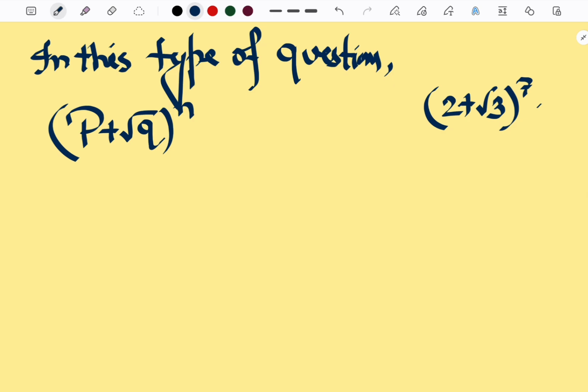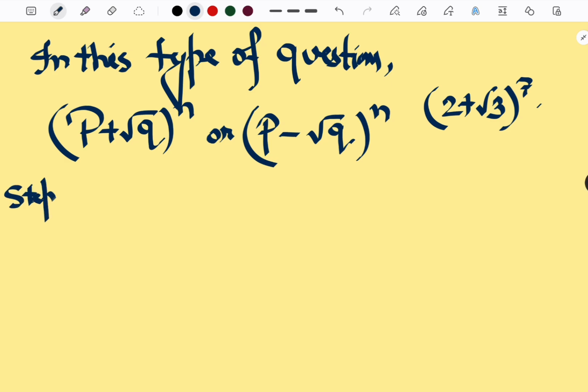In this type of questions, (p + √q)^n or (p − √q)^n, or maybe vice versa, (√p + q)^n or (√p − q)^n, we will see. Now, what is the way out? We'll see certain steps that will be required.